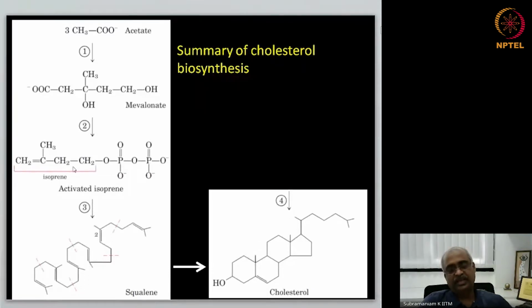The activated isoprenes, the activation is by this pyrophosphate group, and an intermediate has another phosphate also on the third carbon. So this phosphorylation is the activated isoprenes, and the activated isoprenes condense to form squalene. So that's the third step. So let us look at them one by one.